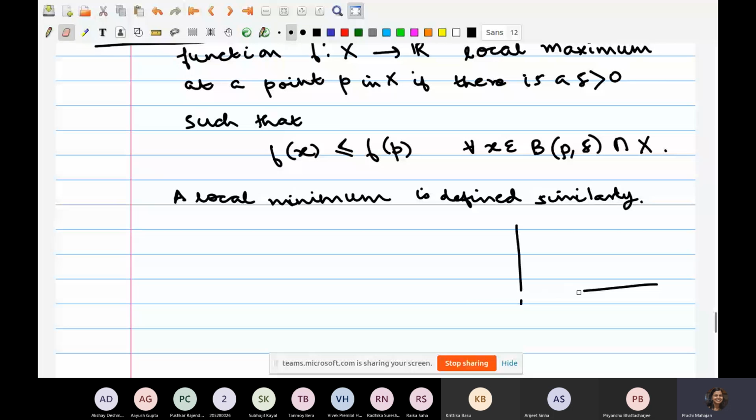Let me just erase this. If my function looks like this, then what can you say about this point? Or maybe, I'll just introduce more curves here. We make it more steep.